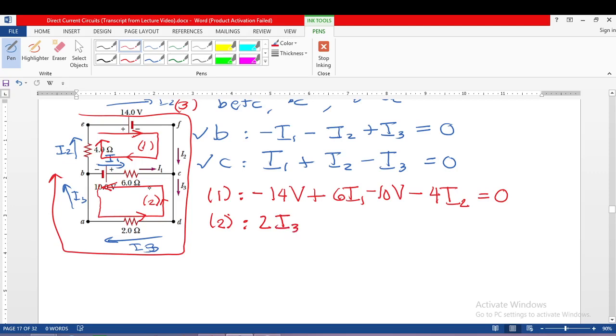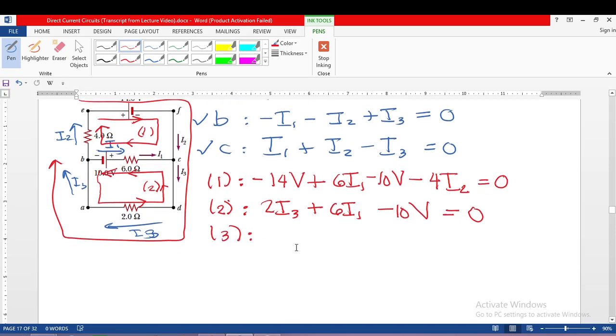The 6 ohms is also in the opposite direction, since I1 goes one way and the loop the other, so it is still positive: 2 I3 plus 6 I1. And the 10 volts is pointing at the negative terminal, so negative 10 volts equals 0. So we have 3 unknowns, and we need 3 equations.